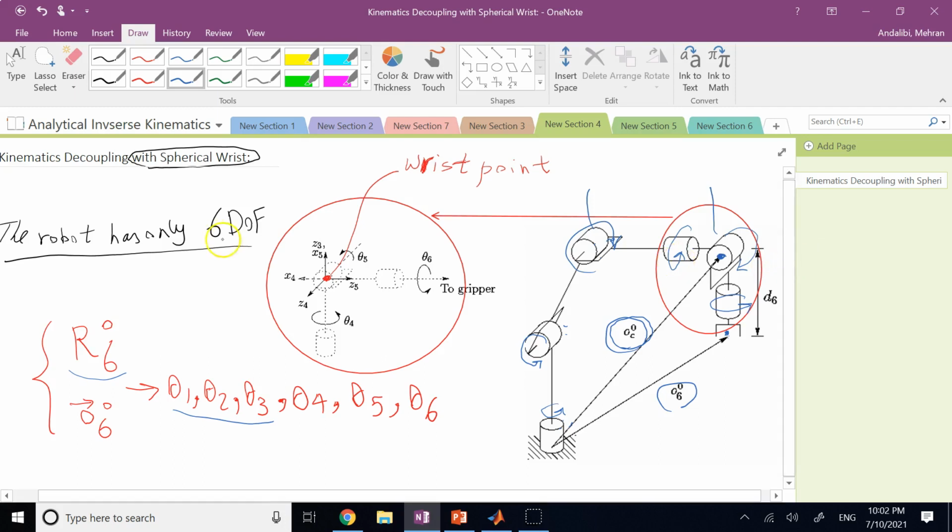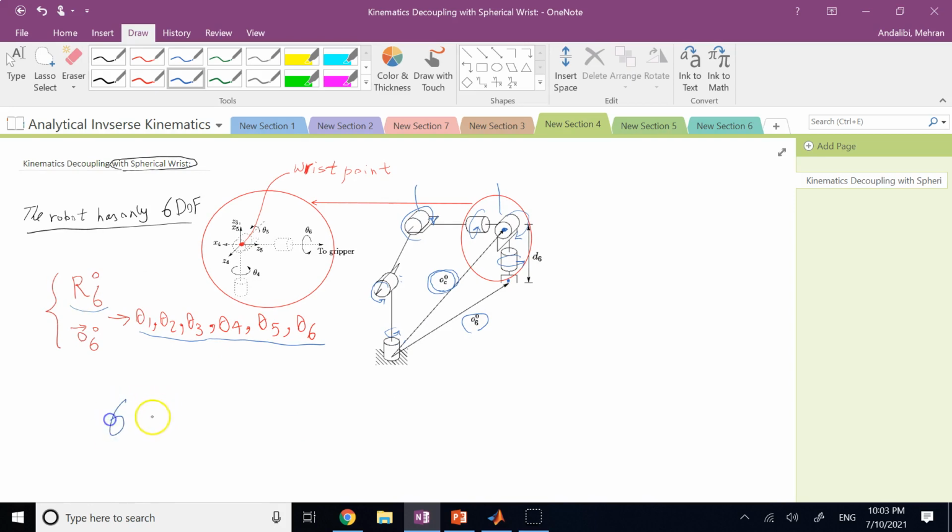So basically, if these two conditions, exactly 6 DOF and a spherical wrist, are there, I will break my 6 equations and 6 unknowns, which is what I have over here, into a set of 3 equations and 3 unknowns, and another subset of 3 equations and 3 unknowns.